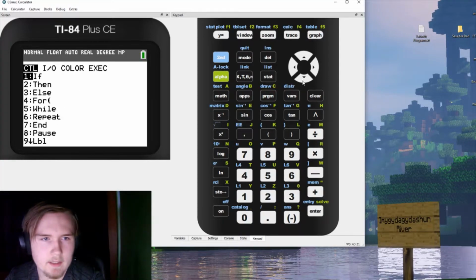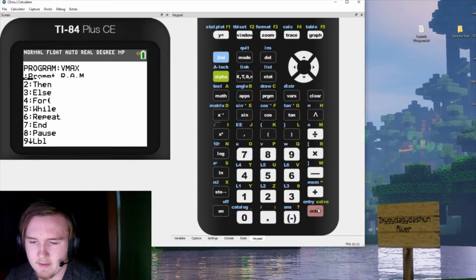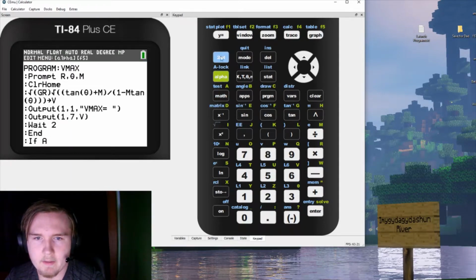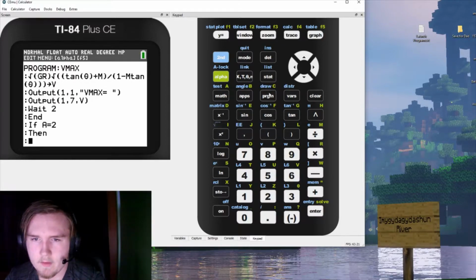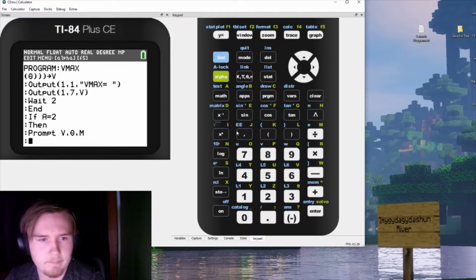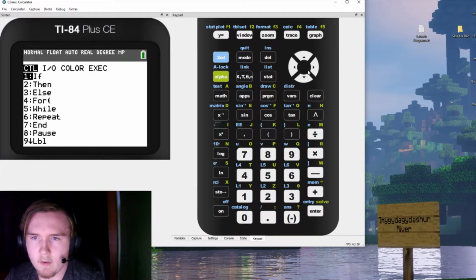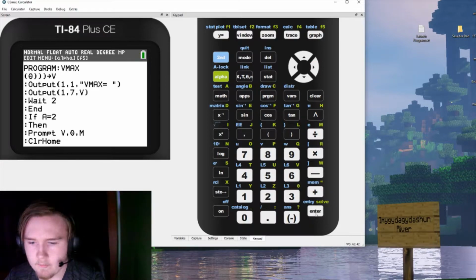We have 8 total. If A equals 2, then prompt V, comma theta, comma m for mu. We're going to clear our home, so that's input output 8.